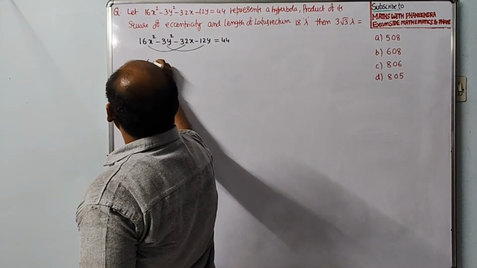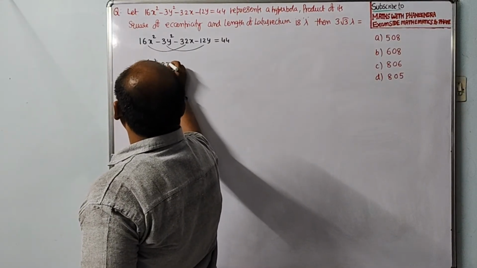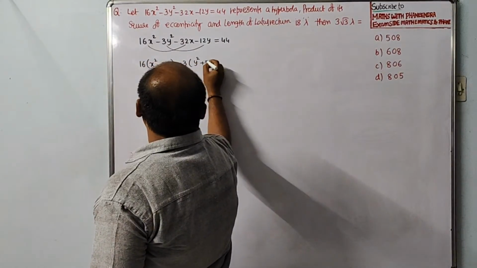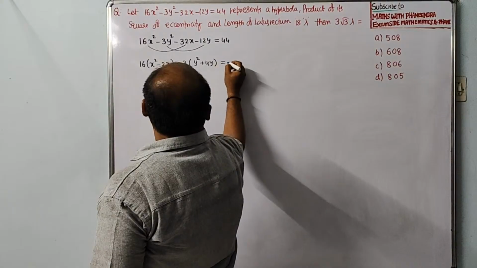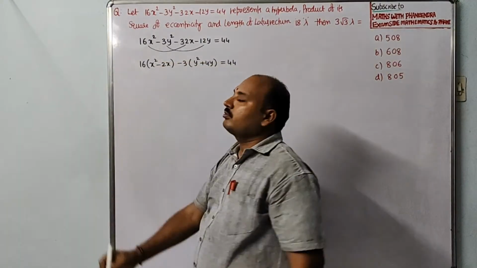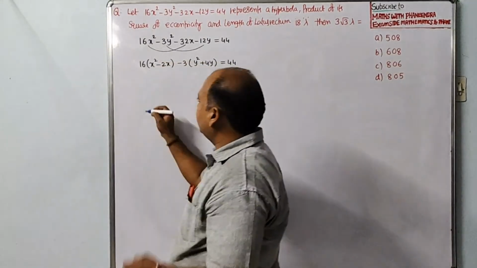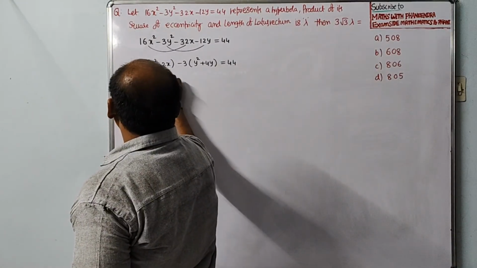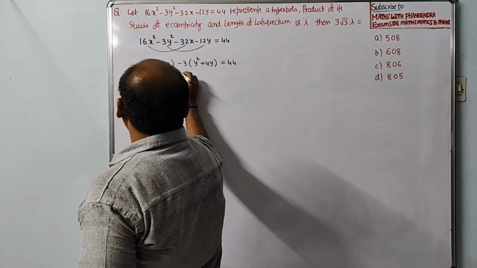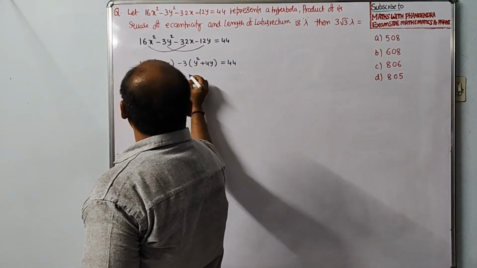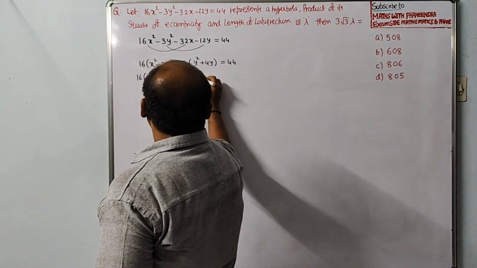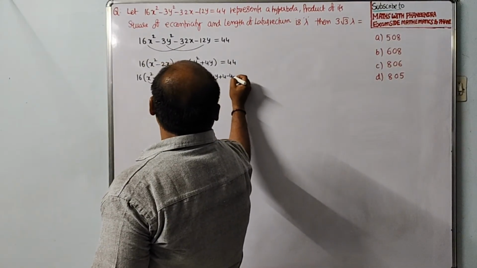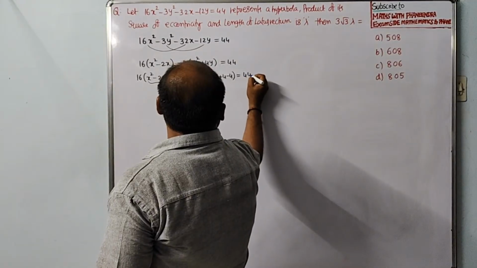So 16 into (x² minus 2x) minus 3 into (y² plus 4y) is equal to 44. Now add and subtract 1 in the x part, and add and subtract 4 in the y part.